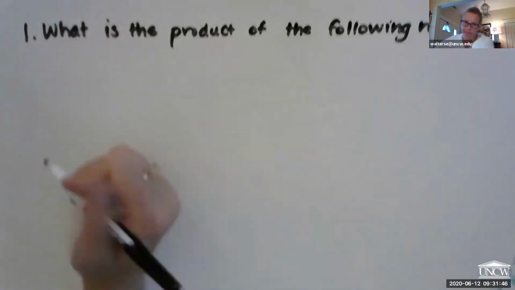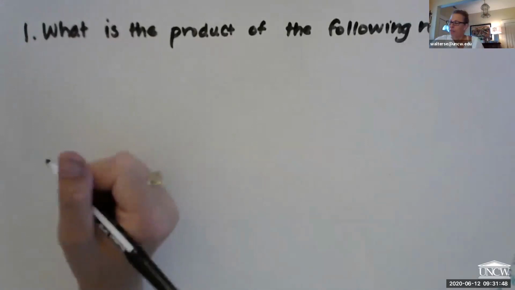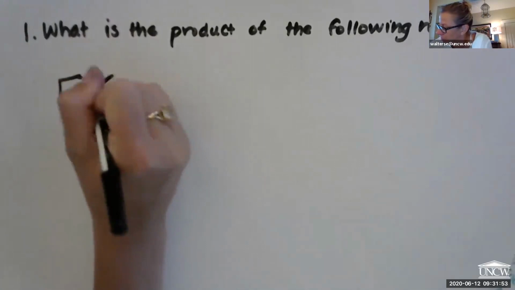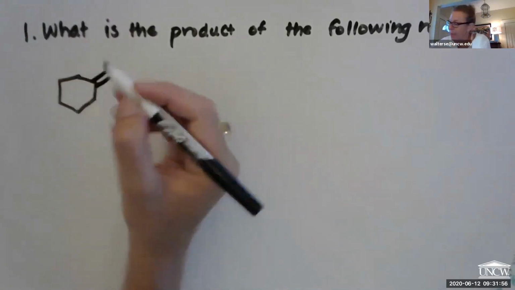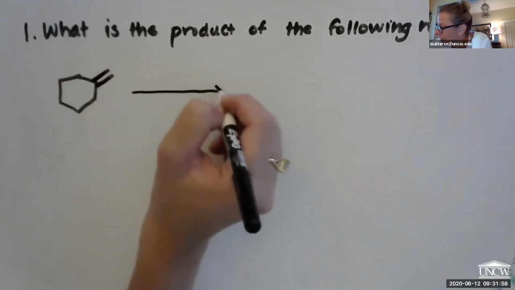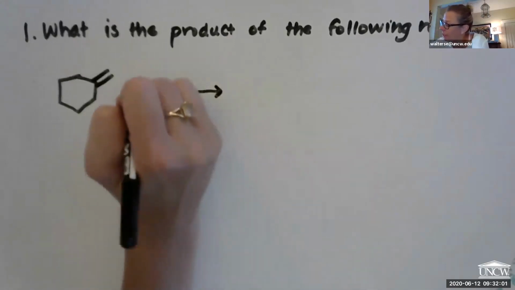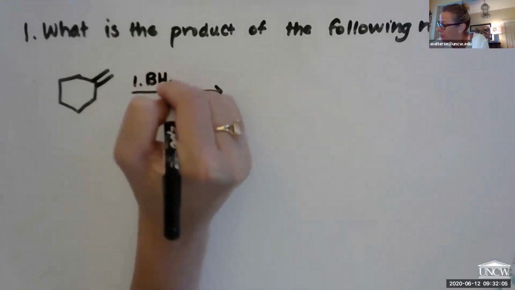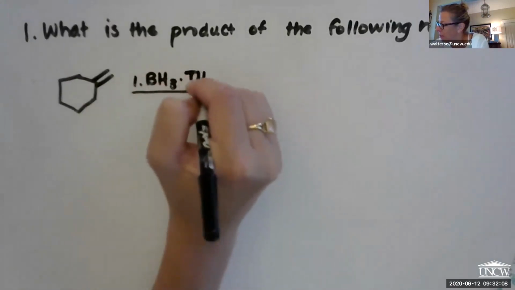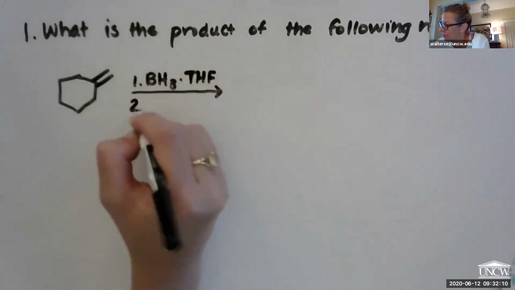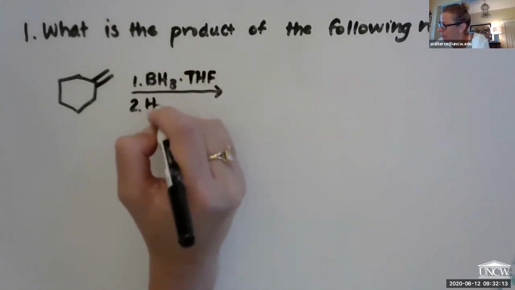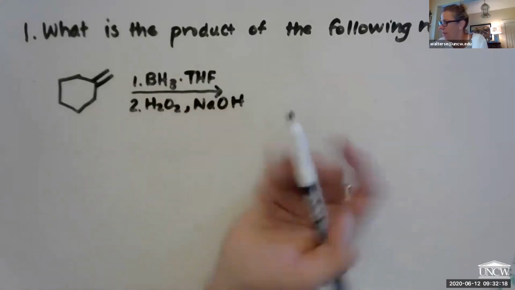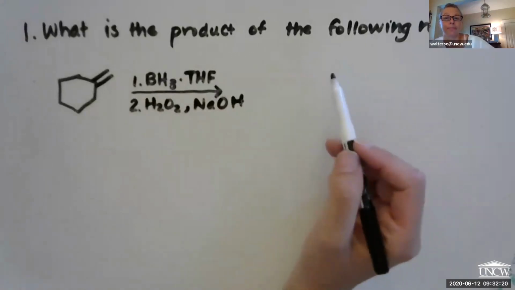So, for example, if you have this alkene and you have the following reaction components. The question is, what do you make?